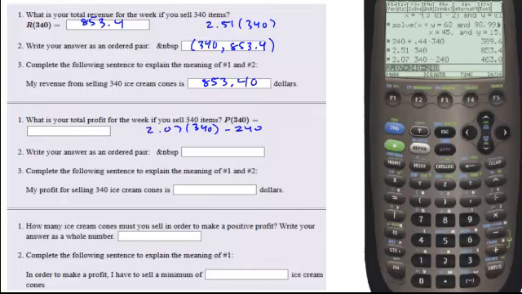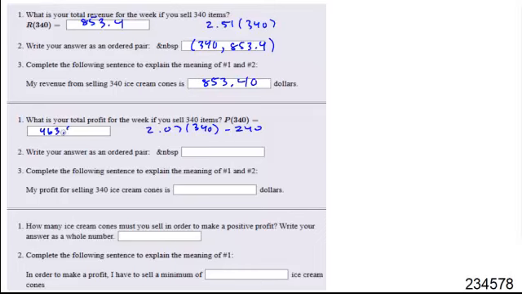So I get 463.80. Okay, and as an ordered pair, again, it would be 340 and then my output. And so the profit is that amount. Again, just interpreting the information properly.